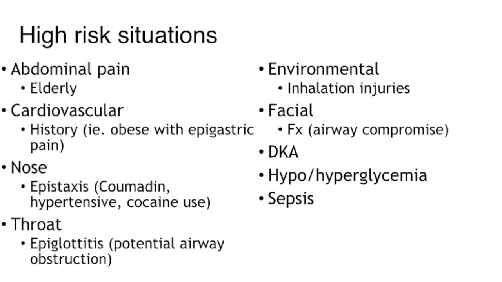Another example of a high-risk situation is those nosebleed patients that are on Coumadin. They have a potential for losing a large amount of blood if not controlled. They also have a potential for their airway to be compromised because of the amount of blood.